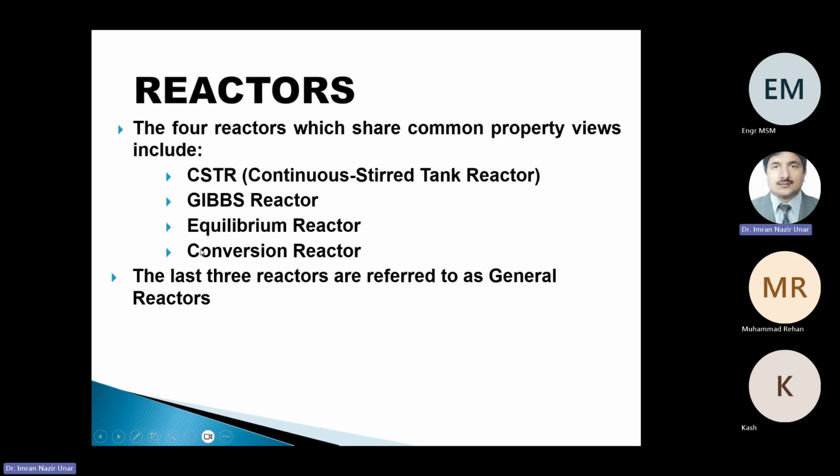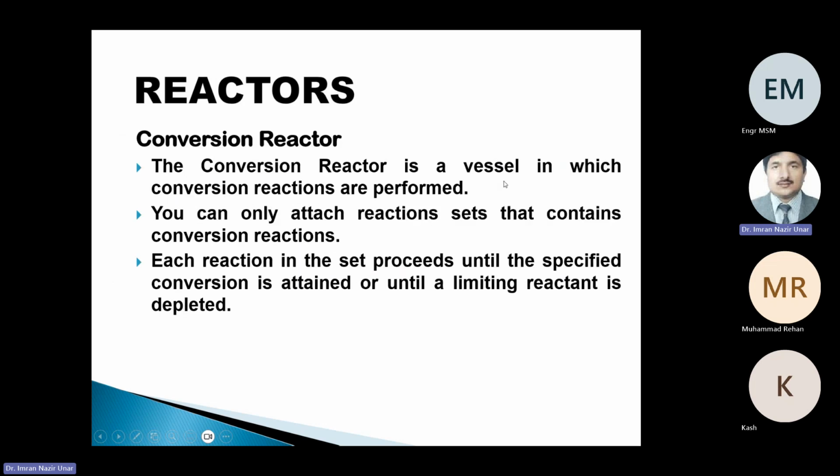Means whichever of these reactors you place in the PFD menu, you will find a similar kind of panel or property window, and you have to define the appropriate parameters. The last areas are different and general. These three reactors are general reactors, whereas CSTR is another category.